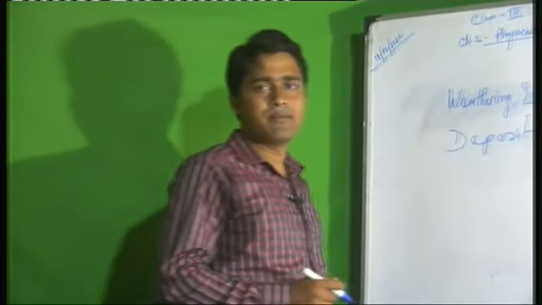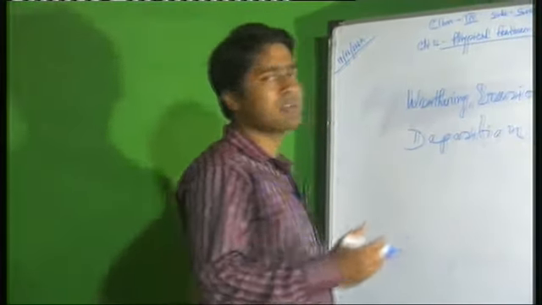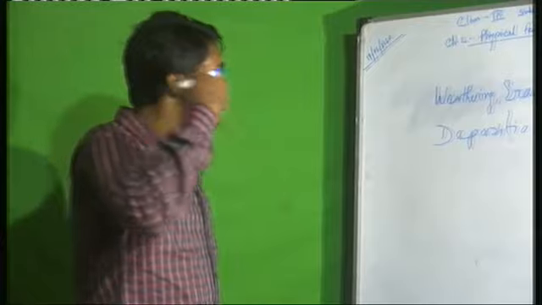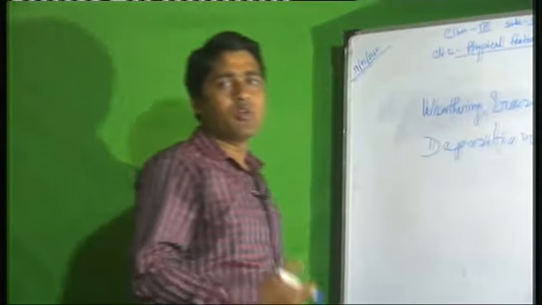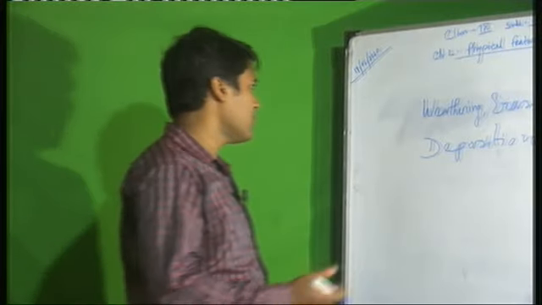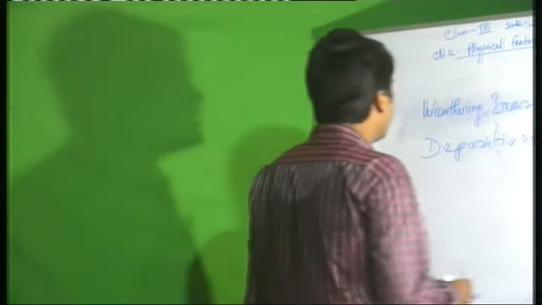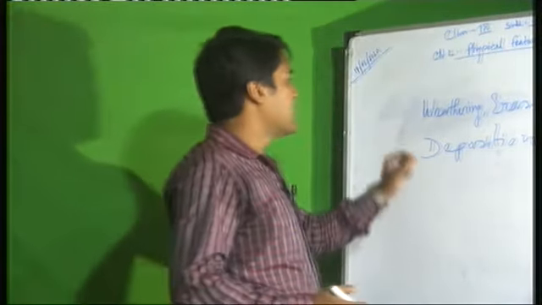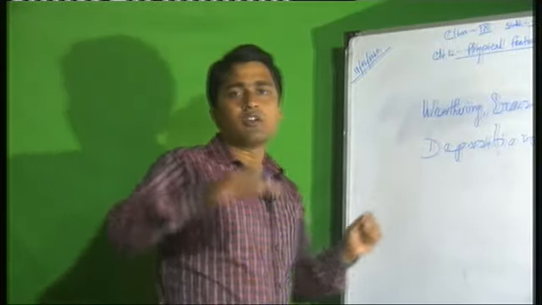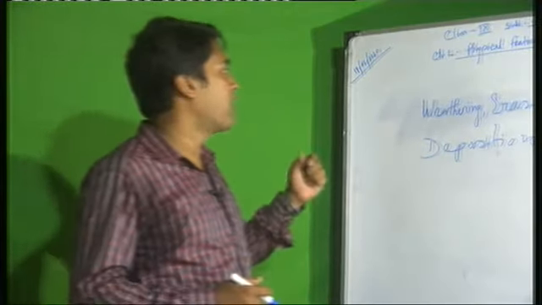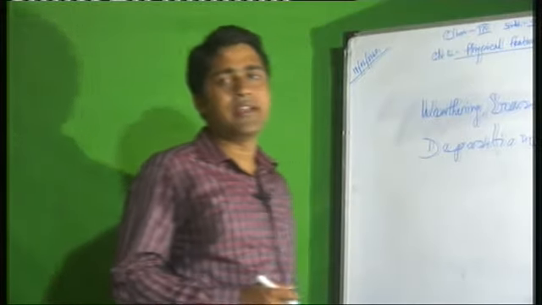What is weathering? The breaking down of the rock due to some agent like water, air, wind. By this agent, when the rock or top portion of the earth's surface is breaking down, it is called weathering.